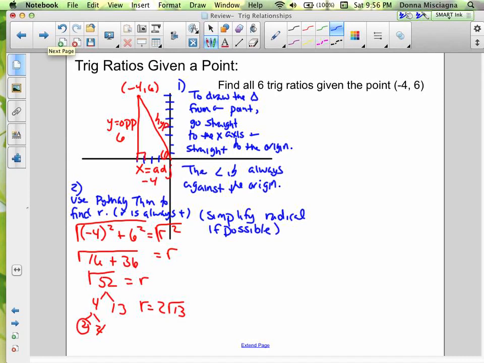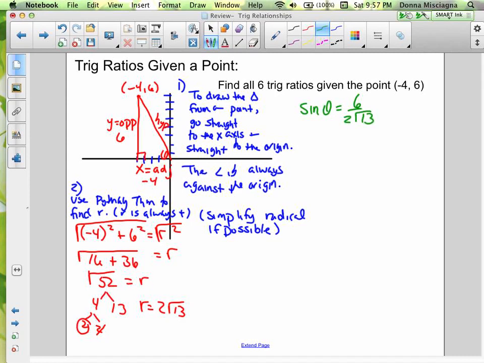All right, so now we have all 3 sides of our triangle. Let's find our ratios. I'm just going to put the ratios in there. I'll say which sides we use, but I'm not going to necessarily write them down. I think I'm going to run out of space here. So sine theta is opposite over hypotenuse. That's going to be 6 over 2 square roots of 13.